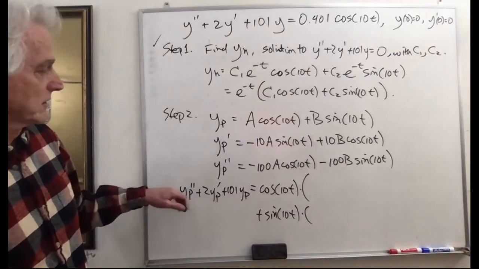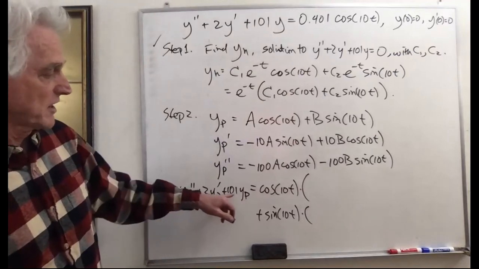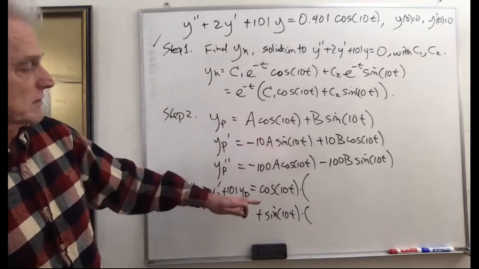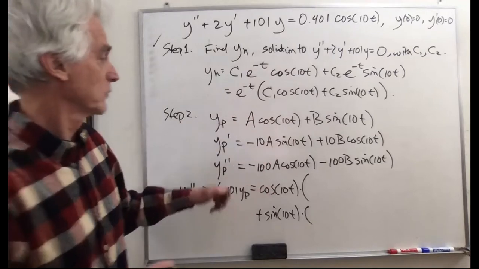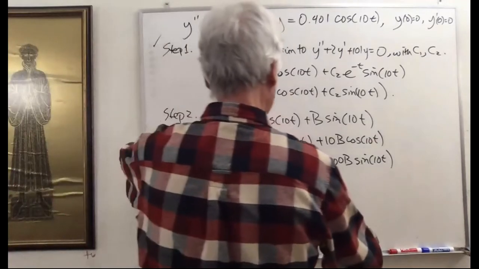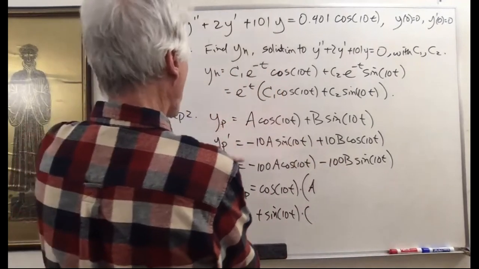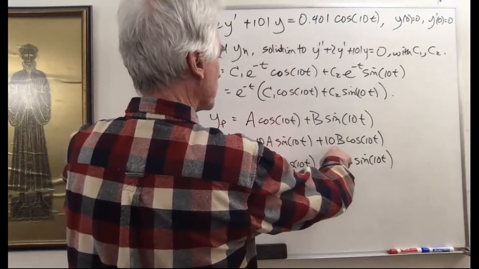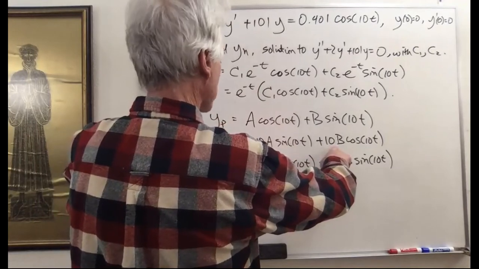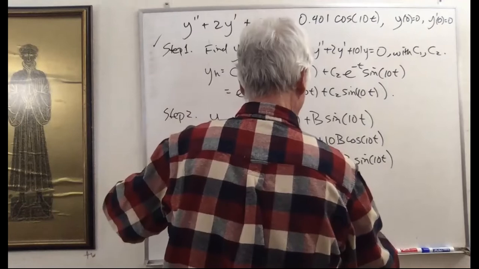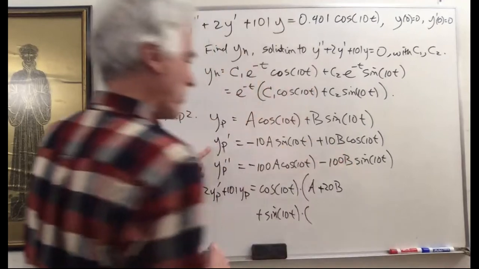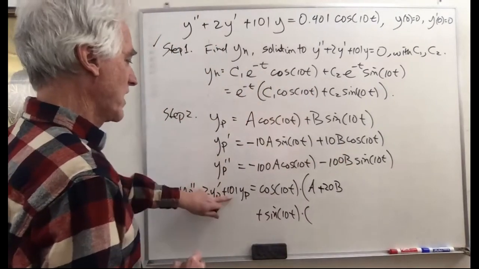So if I take yp double prime plus 2yp prime plus 101yp, what do I have from the cosine? From the yp double prime, I get minus 100a.